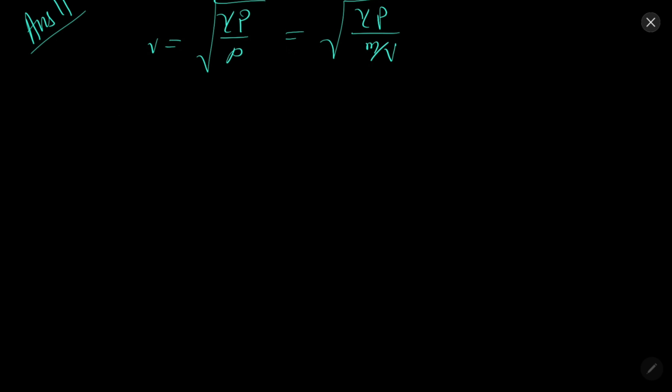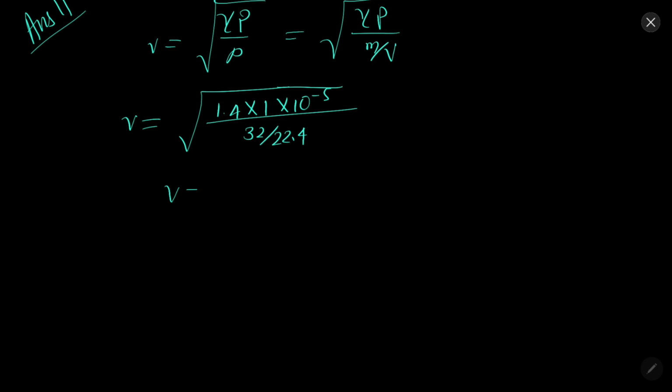This is velocity. So when we put the values 1.4 into 1 into 10 to the power minus 5 over 32 divided by 22.4, we will obtain the velocity to be 310 meters per second.